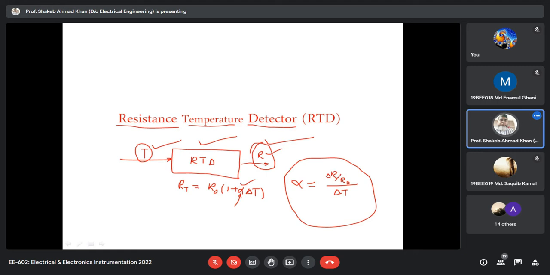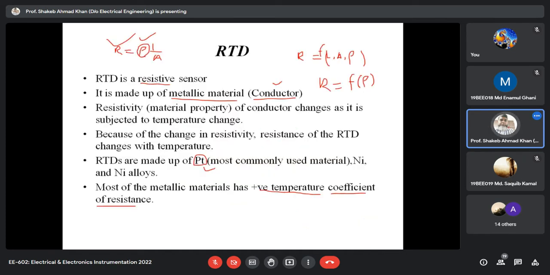And generally, the unit of it is per degree Celsius, because at the numerator we are taking fractional change, so the resistance unit is not appearing. Anyway, that's good. So then what do you mean by positive alpha or positive temperature coefficient of resistance?